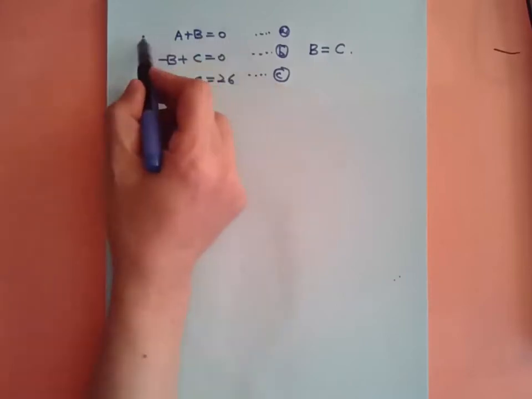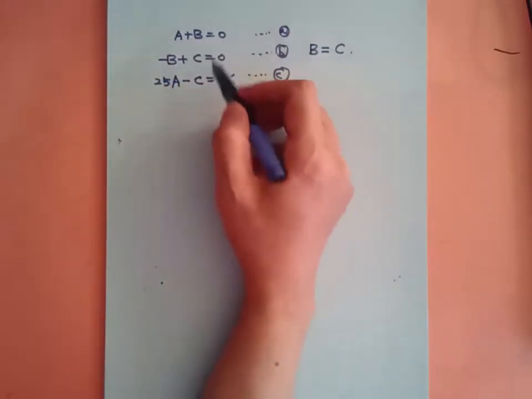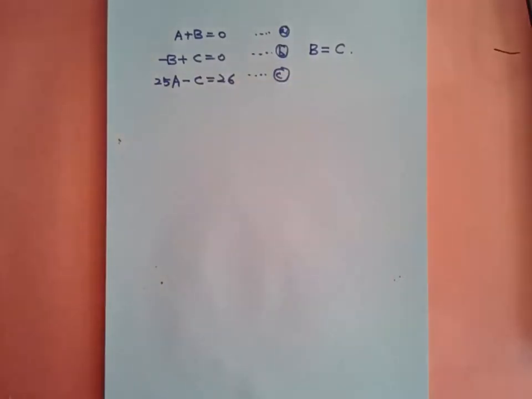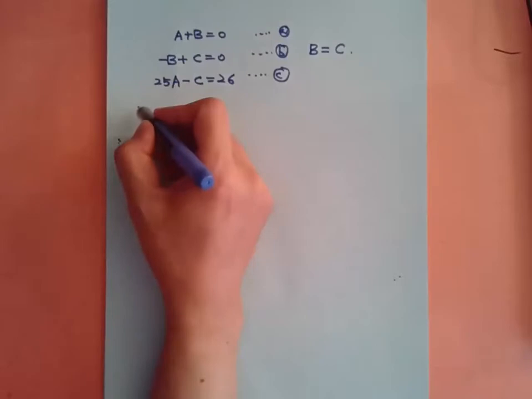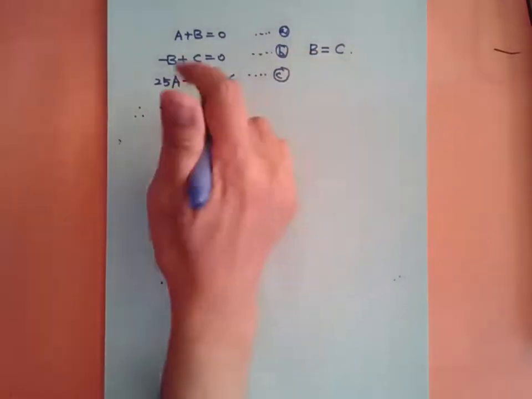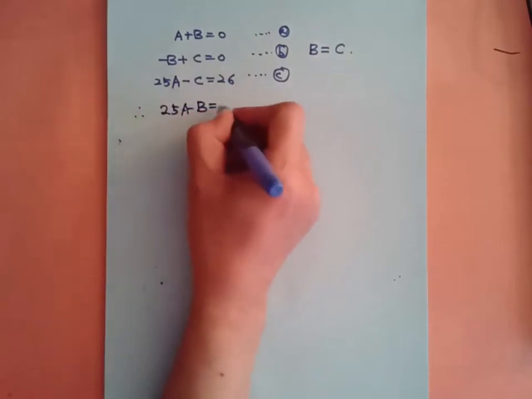And so we can make the first and third equations into equations with the same variables. So by using this fact, I write 25a minus b equals 26.